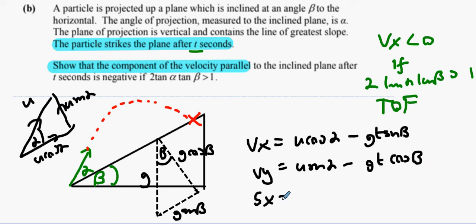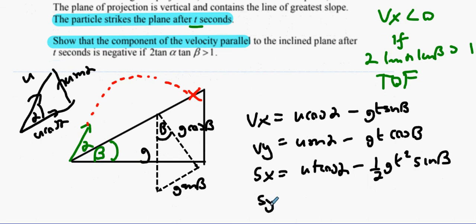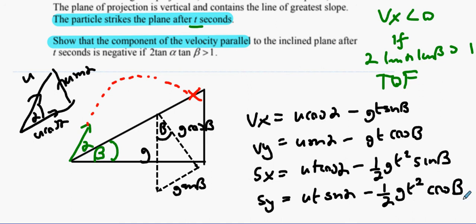Sx, then add a t and a half and put another t onto the second part: ut cos alpha minus half g t squared sine beta, and then Sy equals ut sine alpha minus a half g t squared cos beta. Alrighty, 4 equations.